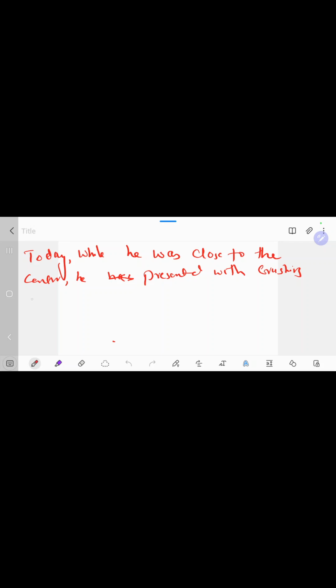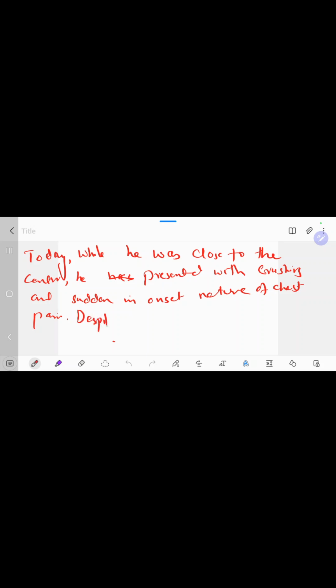Let's say today, while he was close to the center, he presented with crushing and sudden nature of chest pain.